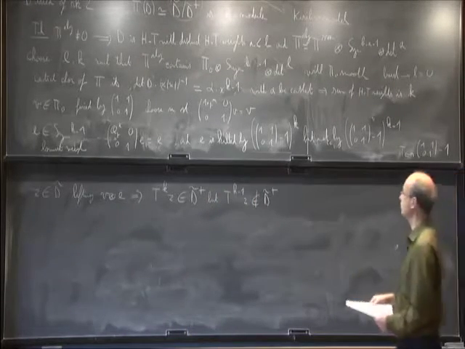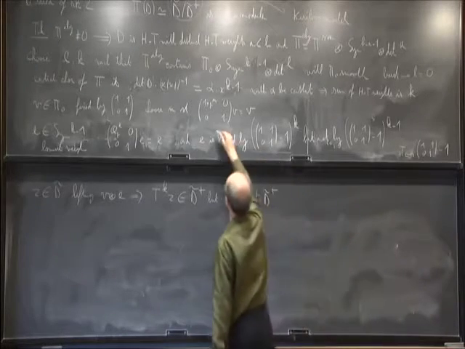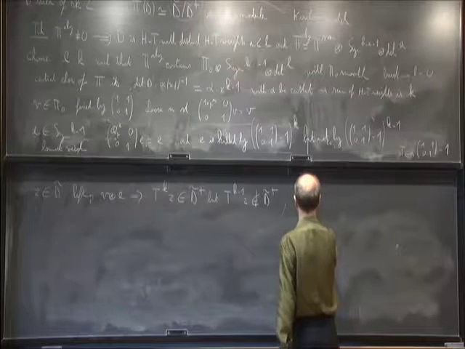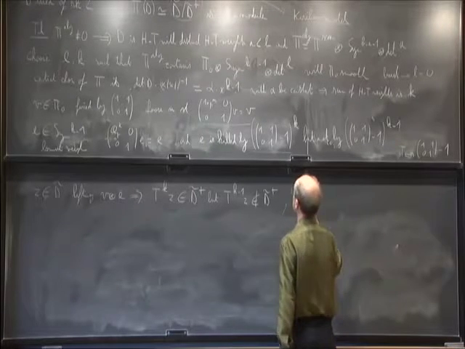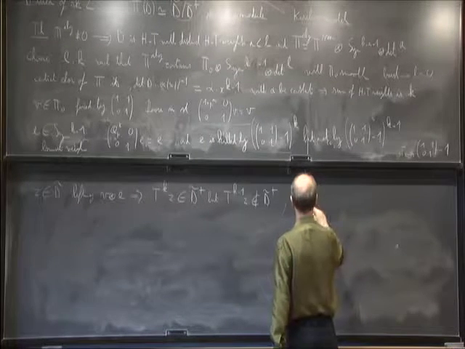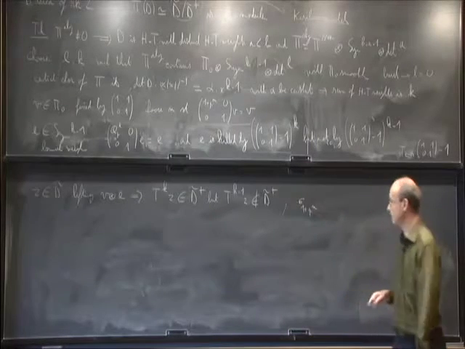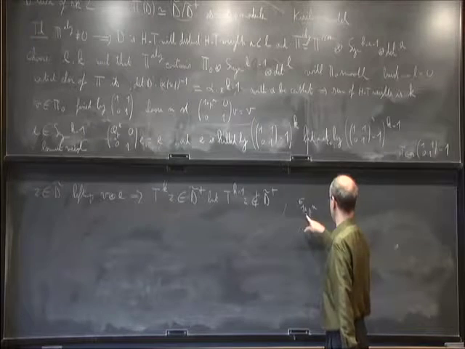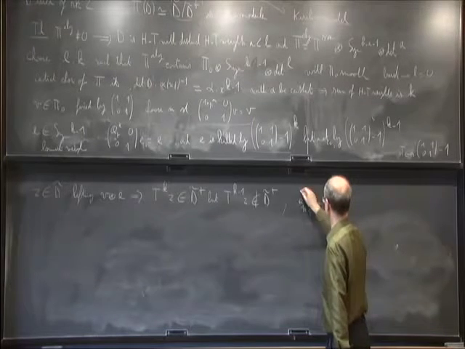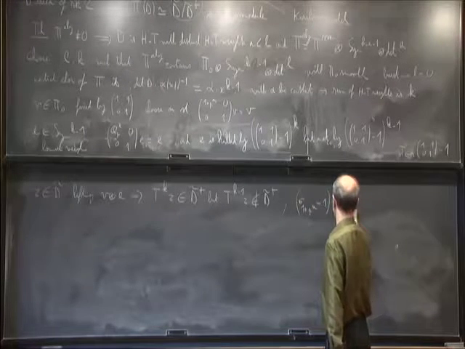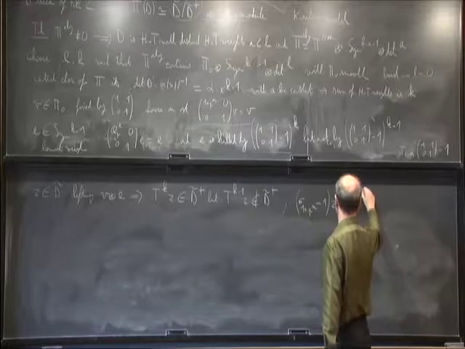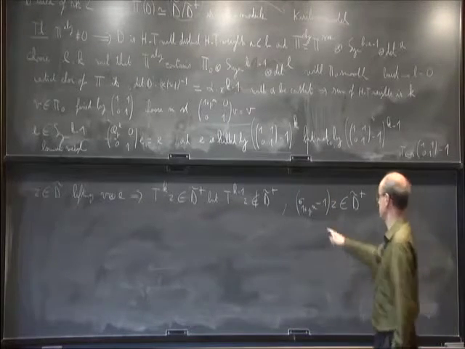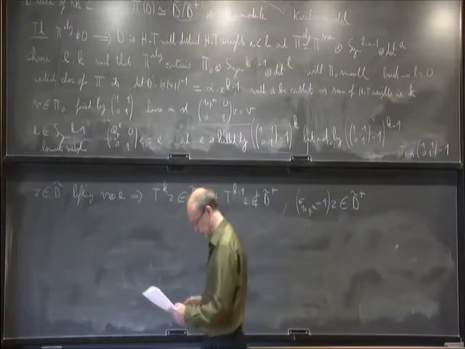And then the second condition here, this one, implies that in fact our z is almost fixed by sigma, 1 plus p to the n. So sigma, 1 plus p to the n minus 1 z belongs to D tilde plus. Okay, because this is the action of this group here.